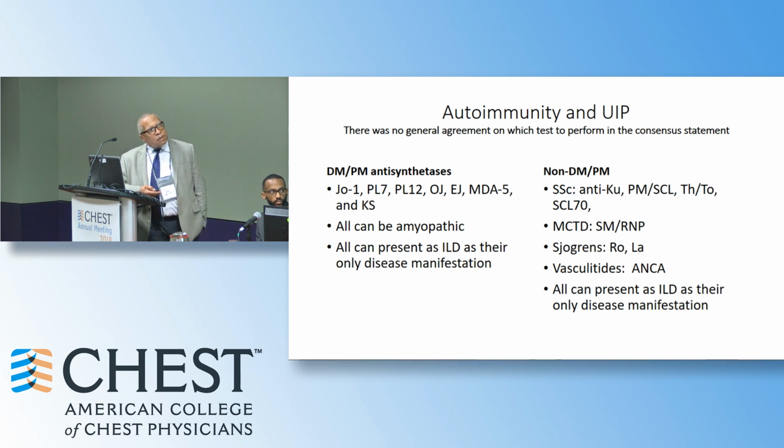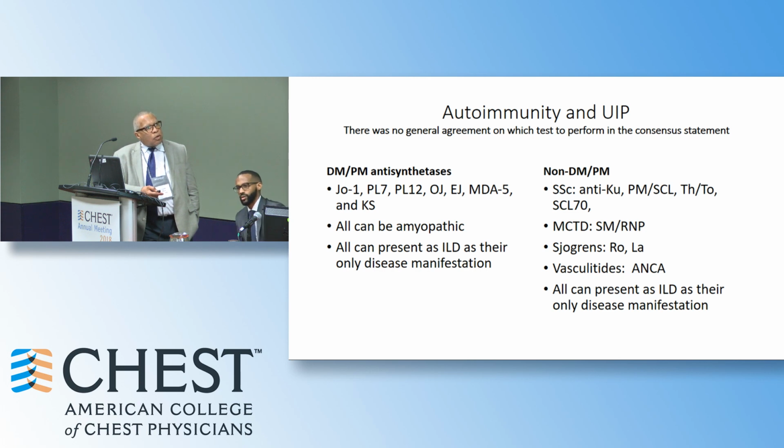MDA5 is especially important because it is associated with very rapidly progressive disease, as well as anti-KS. Anti-KS is interesting in that this particular antisynthetase, an asparagine tRNA synthetase, does not appear in most myositis panels. It's only detectable, I think, by immunodiffusion and immunoprecipitation. But it is an important cause of UIP.